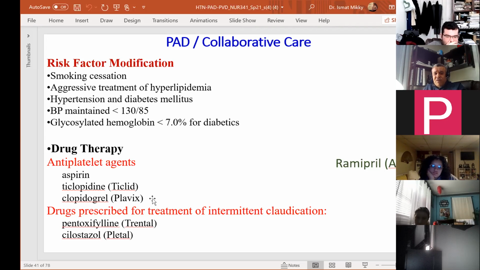Pentoxifylline, the Trental, and cilostazol, Platal. We don't usually even call it by the generic name. We call it by the brand name, Trental or Platal.